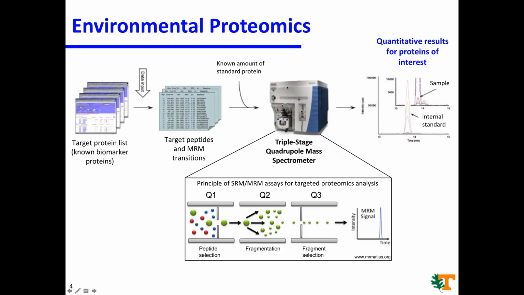This approach is simpler. This mass spectrometer is a simpler instrument. It's already available in many analytical laboratories and can be used for this approach. So the targeted approach, this is how this is called, targeted proteomics approach, that's probably the approach that's of greatest interest for monitoring proteins of interest in environmental samples.